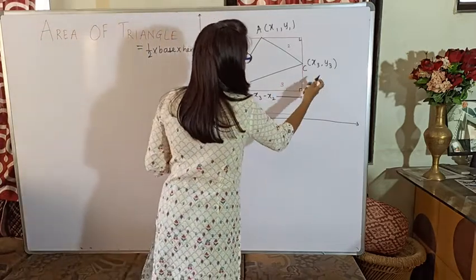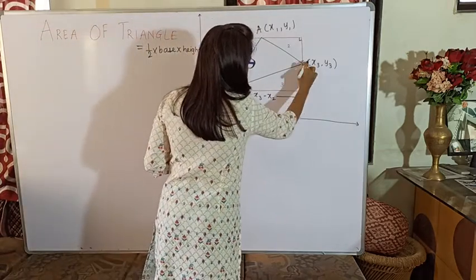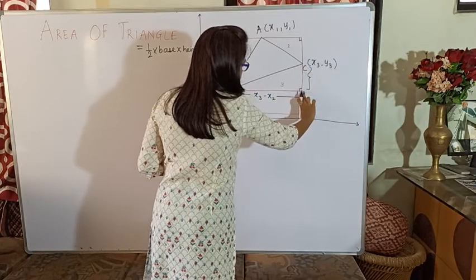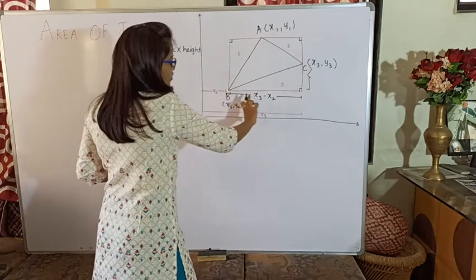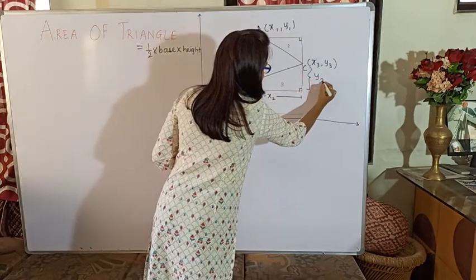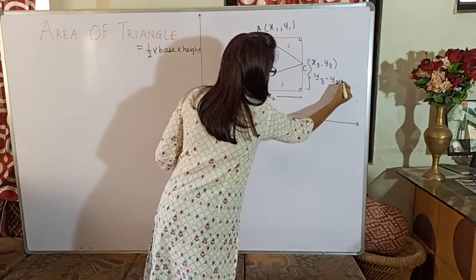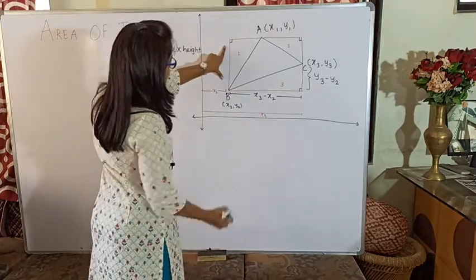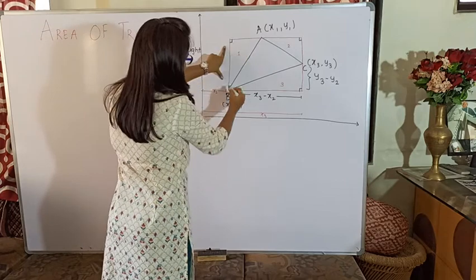Let us find out this length. What is this complete length? This is y3, and how much is this length? It is y2. So this will be y3 minus y2. Coming back to this triangle, let us find out this length. How much is its total length?